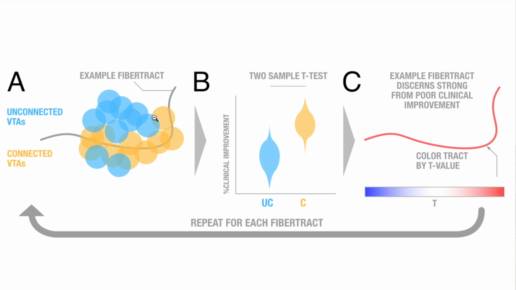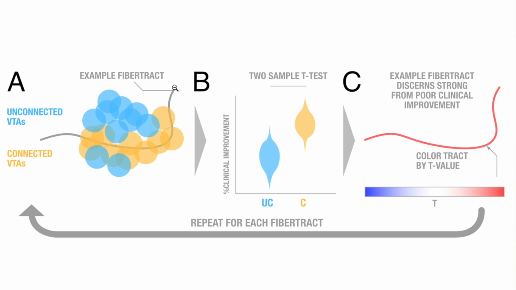Maybe let's start with the VTA one, because most people are more familiar with the concept of binarized VTAs. You have to imagine a single fiber tract from the connectome that is put into MNI space, and then we have the VTAs of the whole group of the patients, right? So this is a group level scene here. We only do this for one tract, but then we would repeat the same thing for every single fiber tract in the connectome.